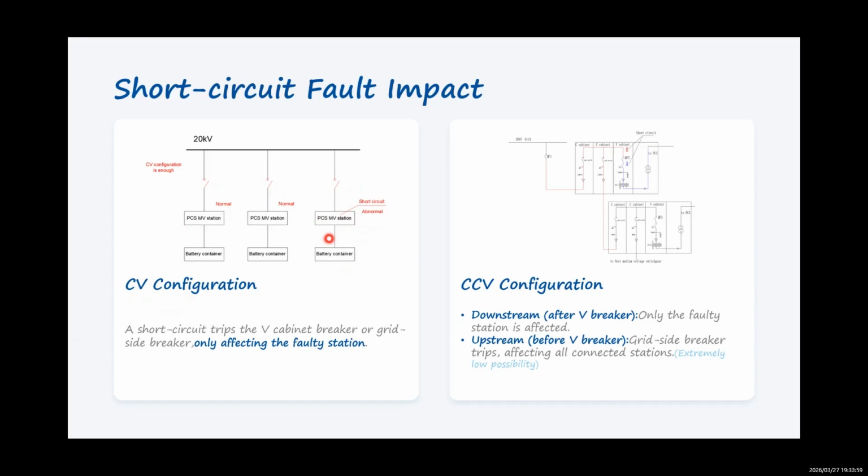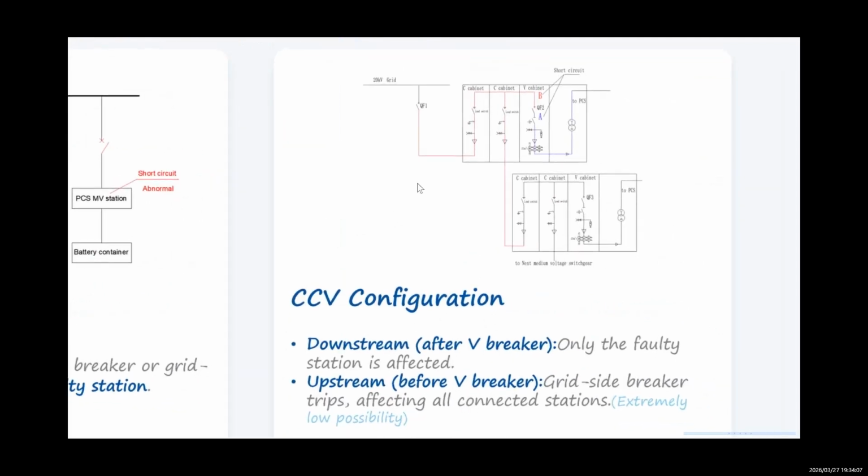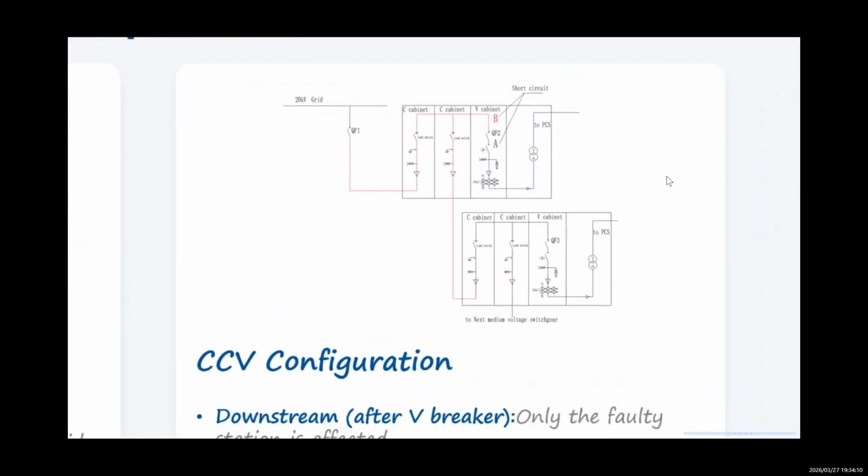While the CCV is more complicated, two situations will lead to different outcomes. Here is a PCS MV station with 3 cabinets, CCV. And this is the next medium voltage switchgear, with the same CCV configuration. This C cabinet connects to the grid, and this C cabinet connects to the next MV switchgear.